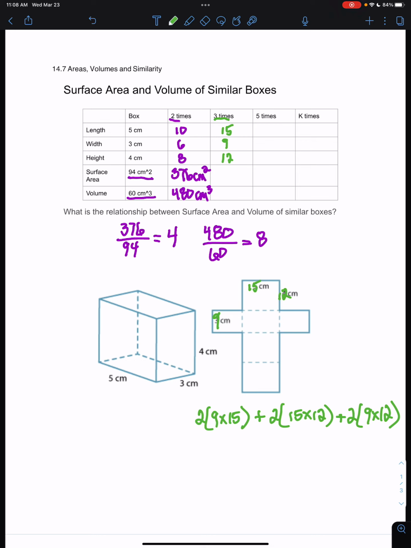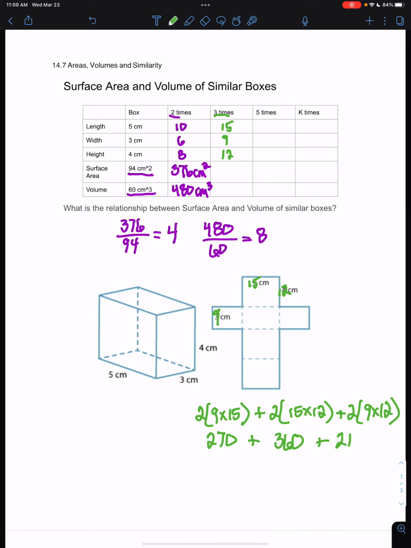So 9 times 15, don't be afraid to get out your handy dandy calculator, times 2, 270, plus 15 times 12 times 2, 360, plus 9 times 12 times 2, 216.